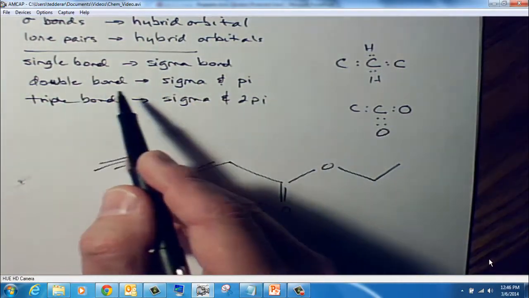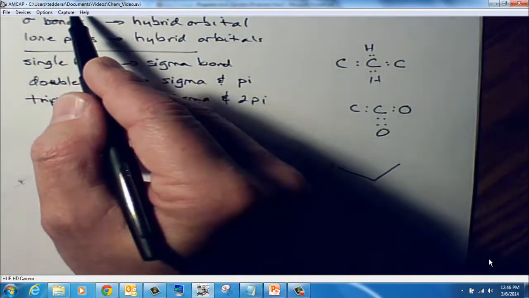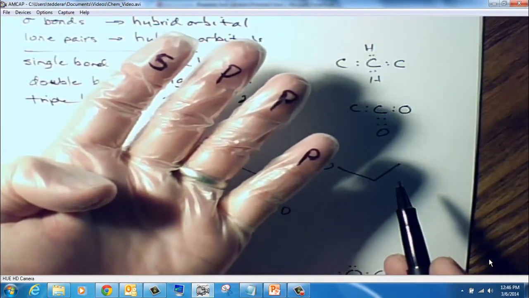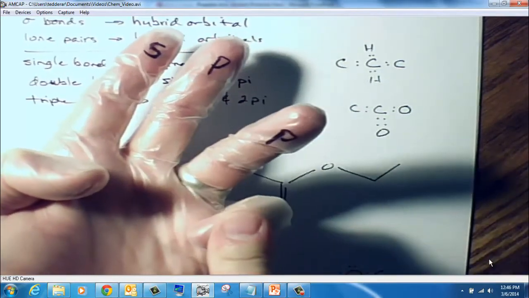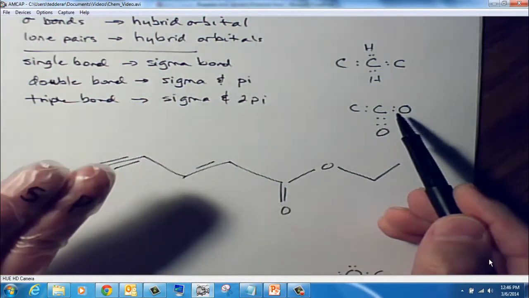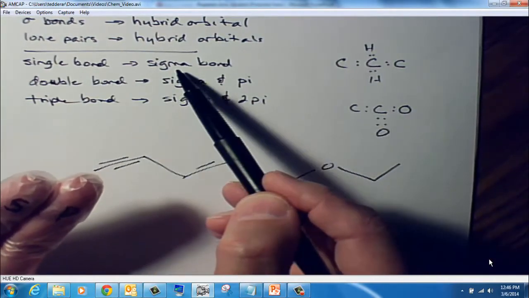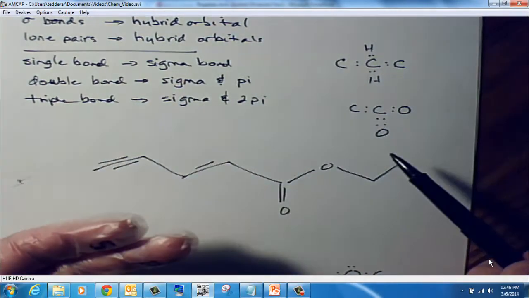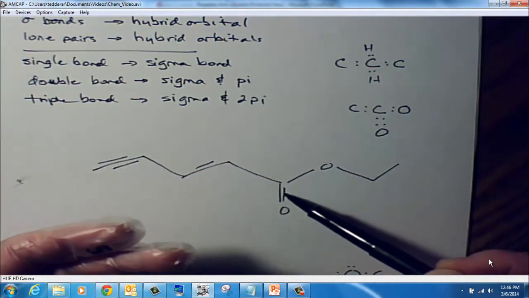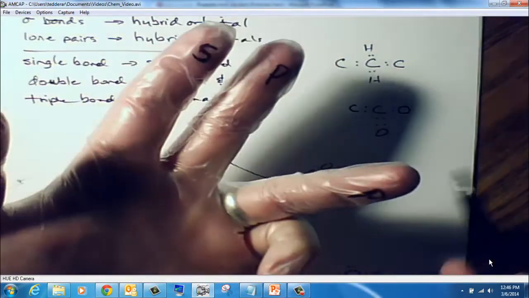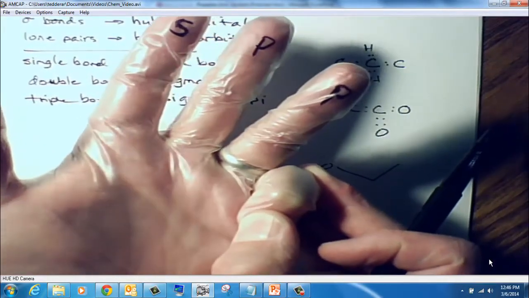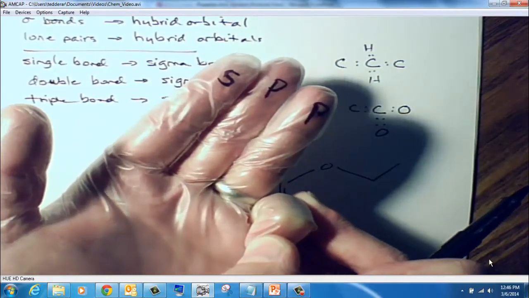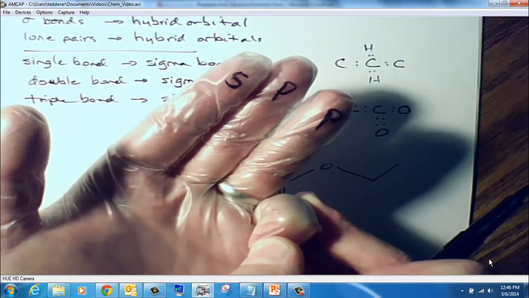Double bonds have a sigma and a pi. Pi bonds come from p orbitals, so one of these orbitals is not hybridized. All of the single bonds are sigma bonds, and sigma bonds are hybridized. We have one sigma bond and a pi bond going this way, a total of 3 sigma bonds. So we've got 3 orbitals that get hybridized to make 3 hybrid orbitals. We put all of them together, we get what hybridization? sp2. That makes sense?